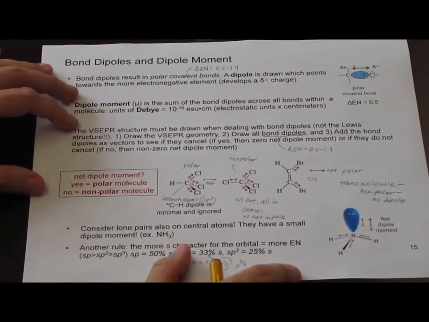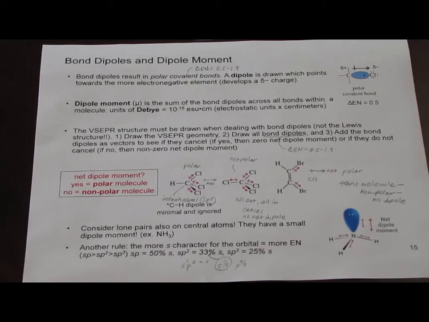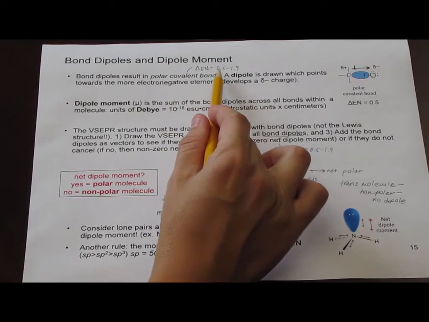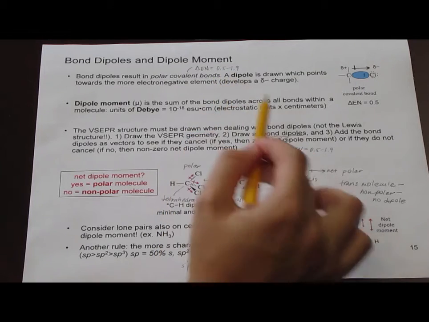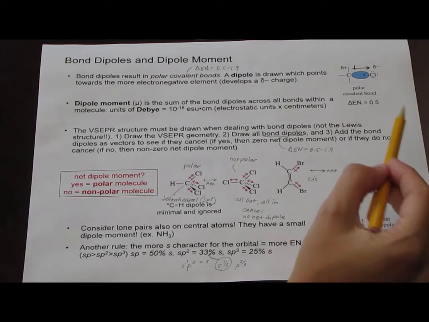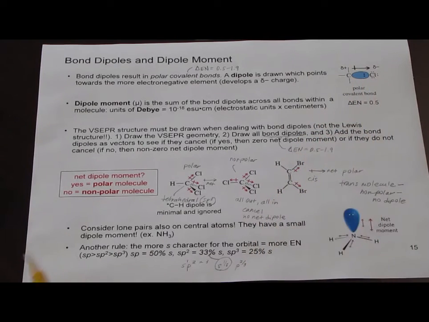So let's look more closely at the polar covalent bond. In this case, remember that the delta EN is 0.5 to 1.9. When you find that is the case, such as a carbon-chlorine bond, you can draw a dipole that results due to this difference in electronegativity.